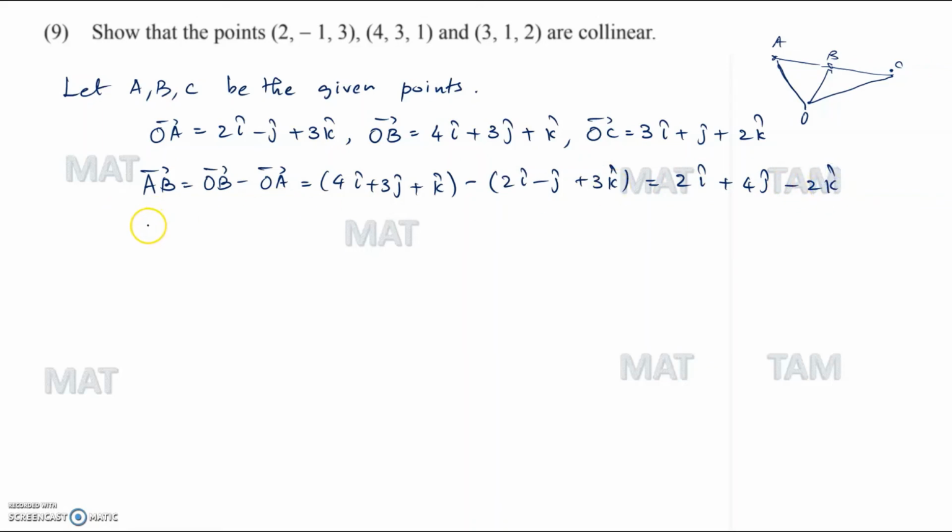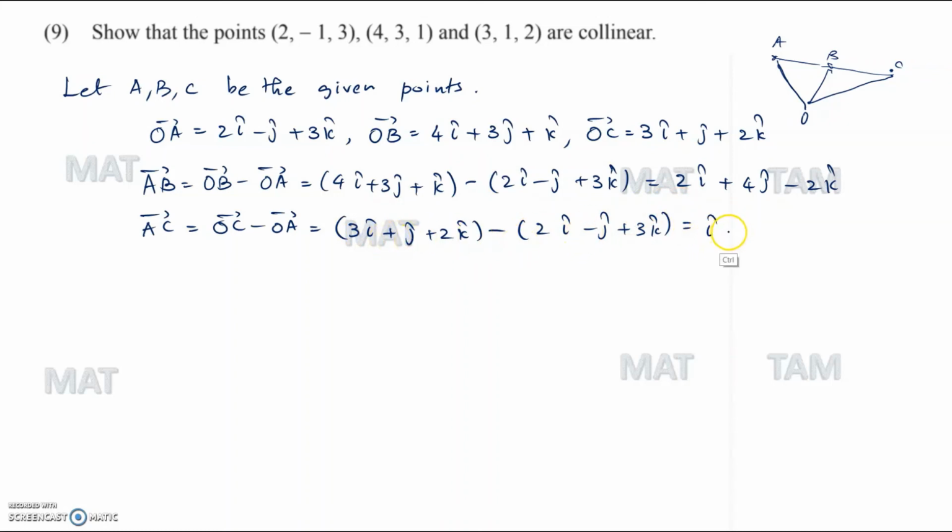Similarly, let's find vector AC. That's equal to OC vector minus OA vector, which is equal to 3 i cap plus j cap plus 2 k cap minus 2 i cap minus j cap plus 3 k cap. Solving this, we get i cap plus 2 j cap minus k cap.